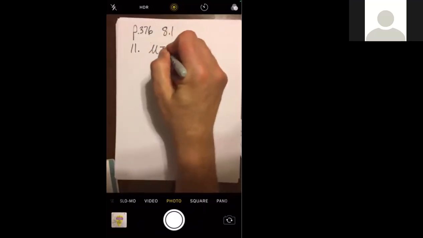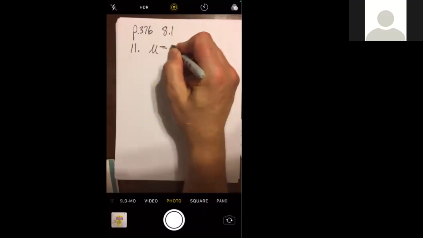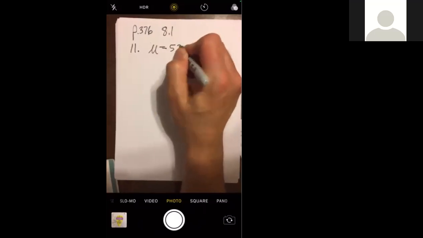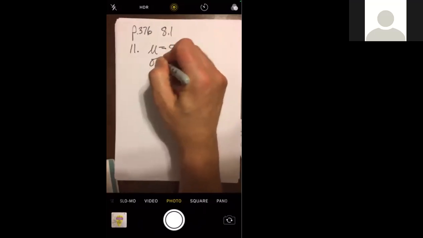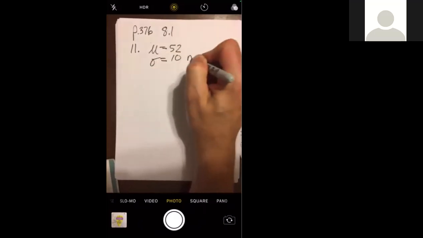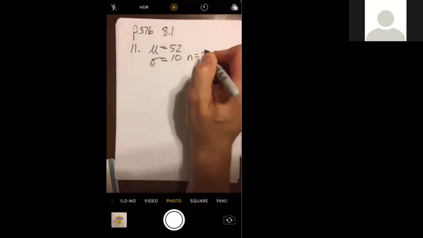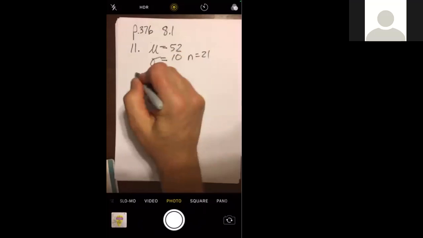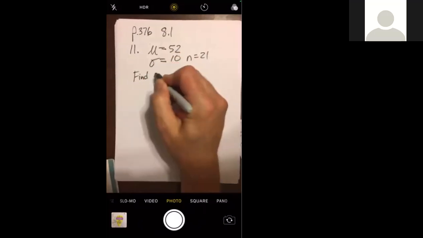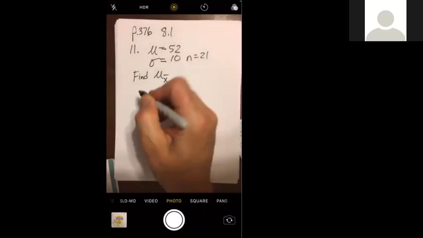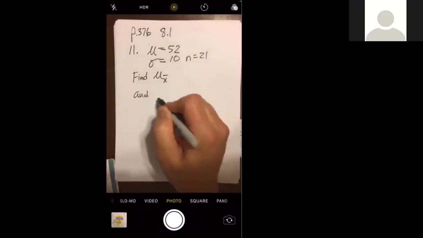So in problem 11, they give you that the population mean is 52, population standard deviation of 10, sample size is 21, and they want you to find this and this.